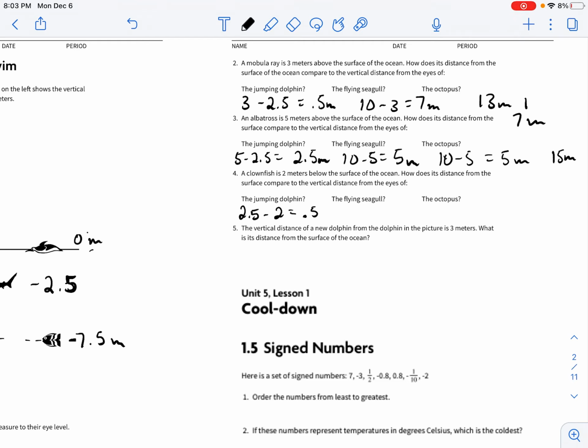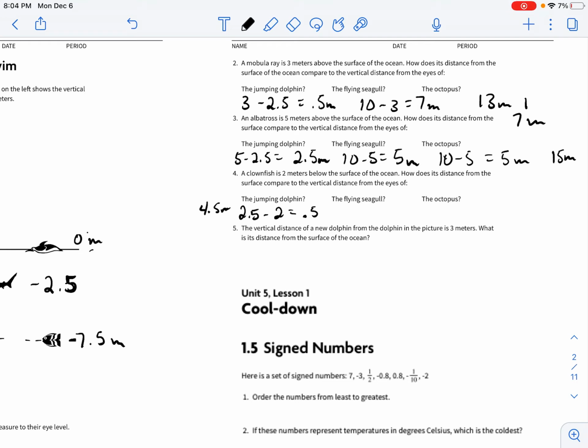So there's a difference of 0.5. However, if you're talking distance from each other, that would be a total distance of 4.5 meters.